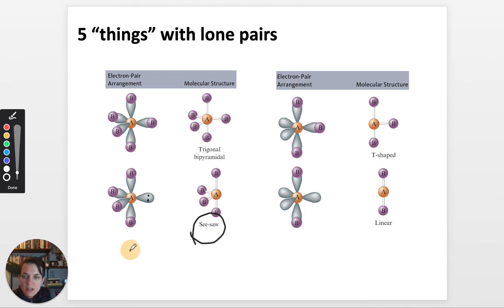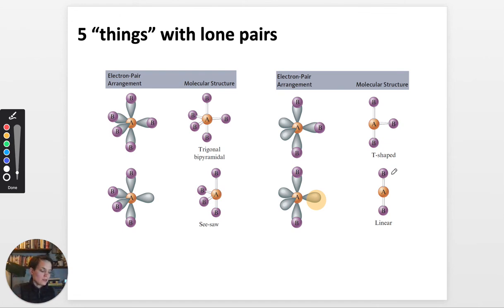Molecular geometry, seesaw. If 2 things are electron pairs, then it's T-shaped. 3 electron pairs is going to be linear. And that makes sense, right? Going back to this molecule, if we had 3 lone pairs, that would be the orientation of the atoms to each other.